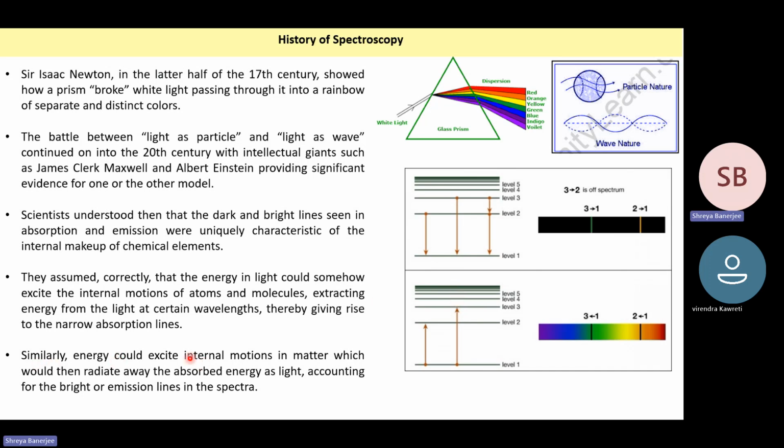Similarly, energy could excite internal motions in matter, which would then radiate away the absorbed energy as light, accounting for the bright or emission lines in the spectra. So when it is the emission spectra, the light of the wavelength which is being emitted appears as a bright line.